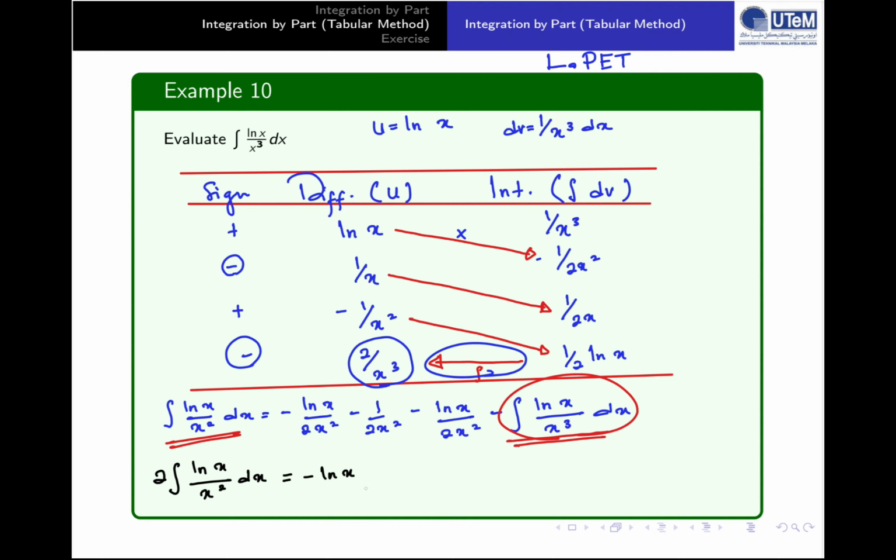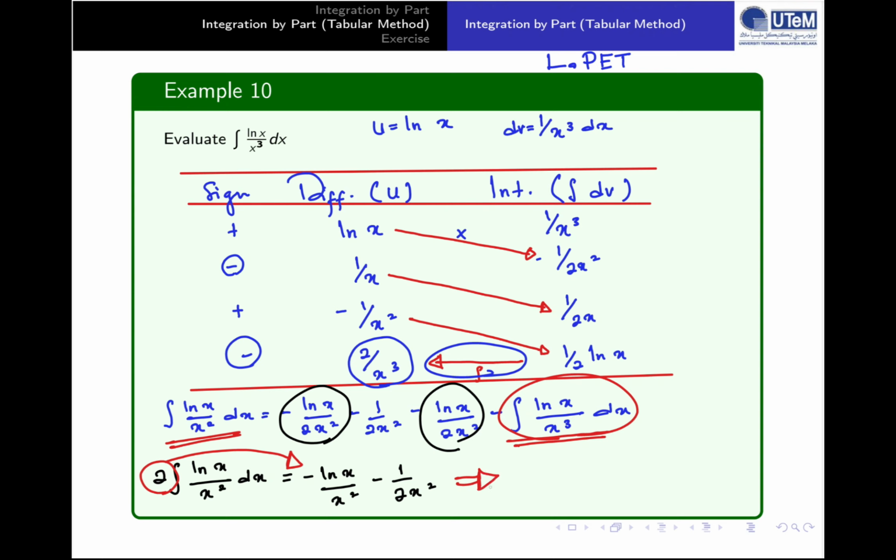Therefore you can get 2 integrations of ln x over x cubed dx equal to the rest, you can get negative ln x over x squared. Okay, because this one you can solve with this part, so it becomes negative ln x divided by x squared minus 1 over 2x squared. Okay, but we don't need the value of 2 here, so we move to the right hand side.